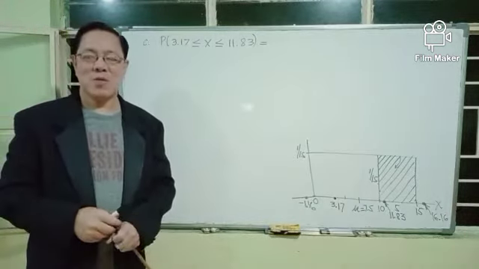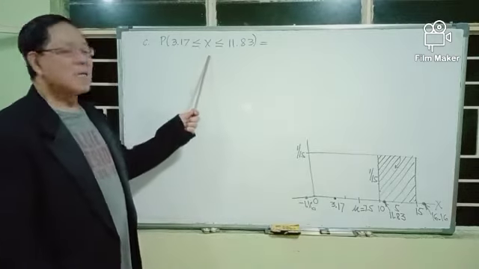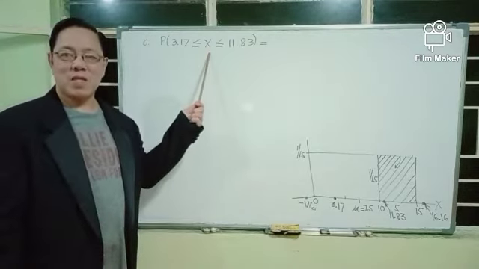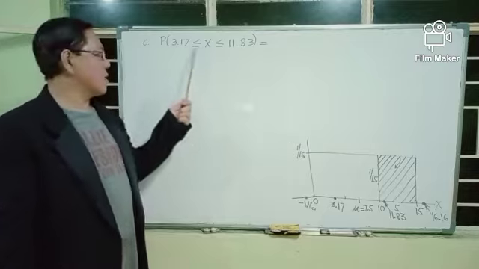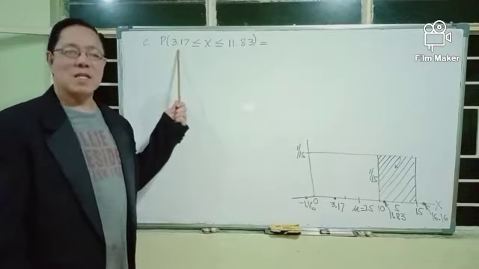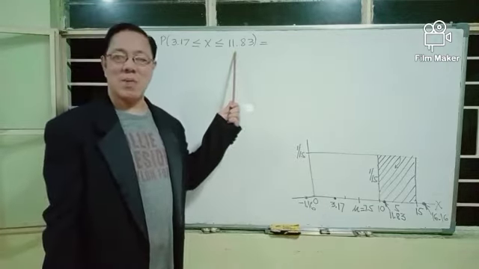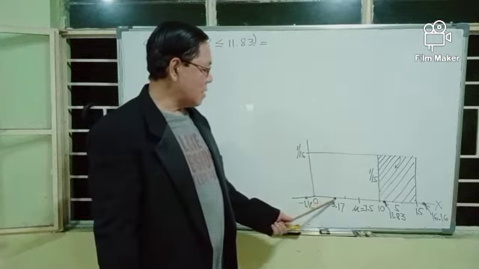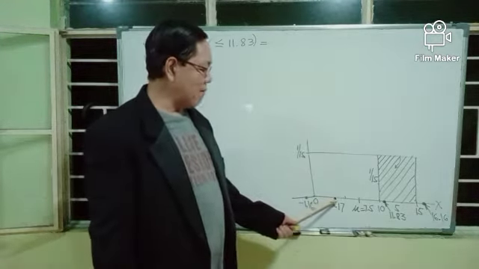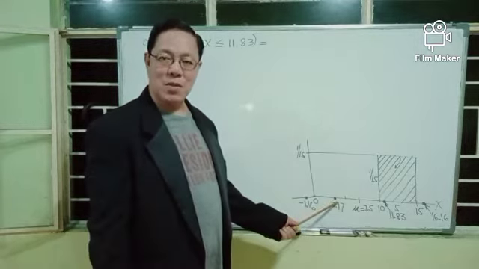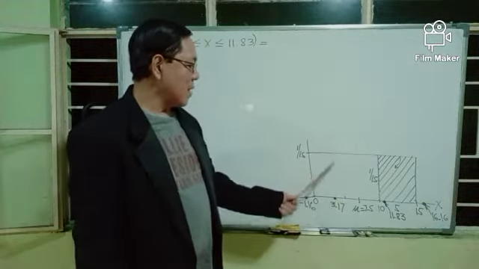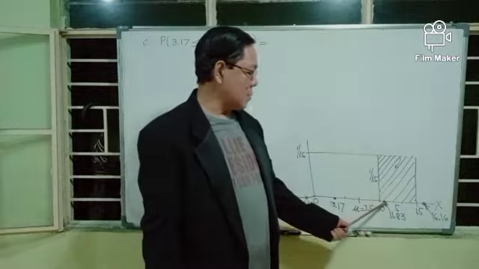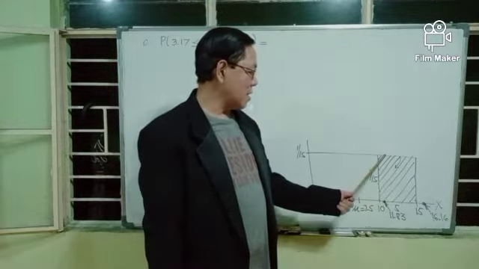As we have shown earlier, this probability is equal to the area of the rectangle bounded by the vertical line passing through 3.17 and the vertical line passing through 11.83.